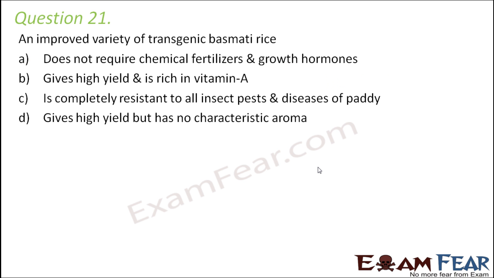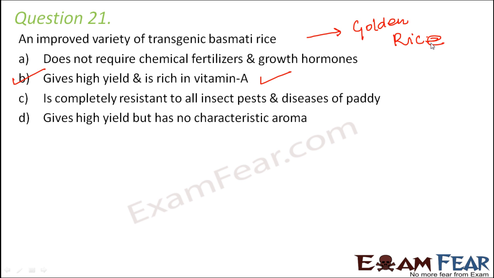Question number 21. An improved variety of transgenic basmati rice does not require chemical fertilizers and growth hormones, not really, gives high yield and is rich in vitamin A. Yes, this is absolutely correct. This is what we were talking about, this transgenic variety of basmati rice, more popularly known as golden rice, the biological name is Oryza sativa.